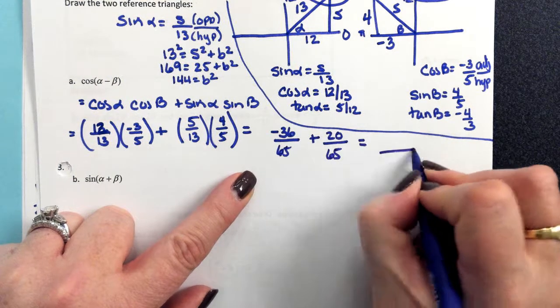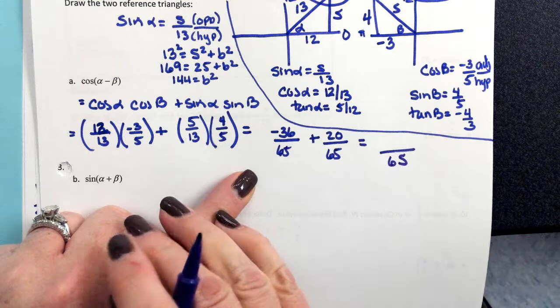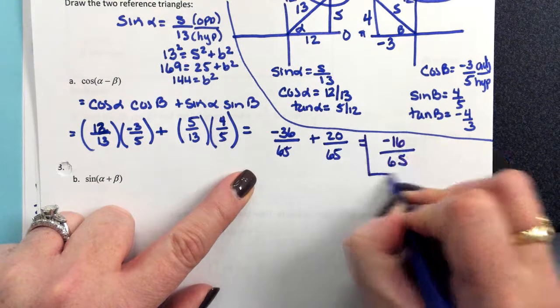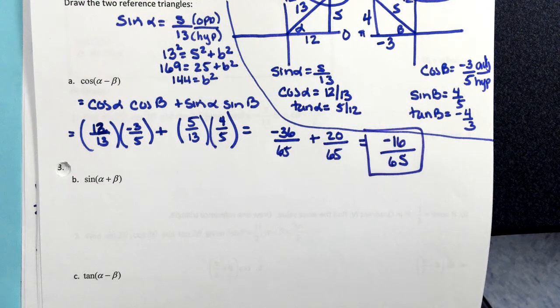The denominators are the same, so now I can go ahead and add those numerators together. So negative 36 plus 20 is negative 16. So there's your answer. So ladies and gentlemen, when you're dealing with the sum and difference formulas from triangles, you've got to draw the two triangles with the two angles, label the three sides of the triangle using your SOHCAHTOA.